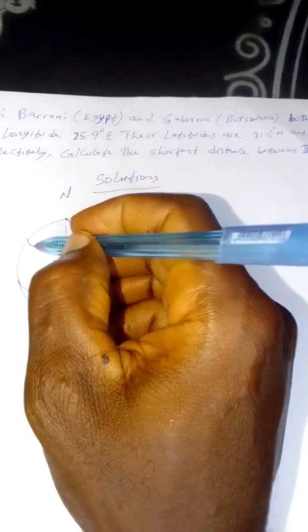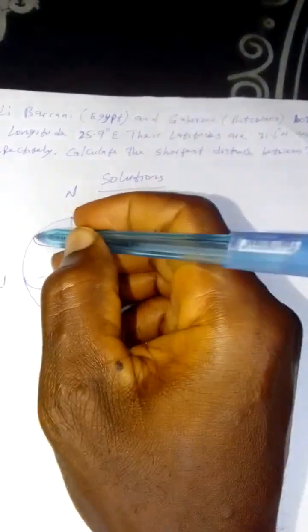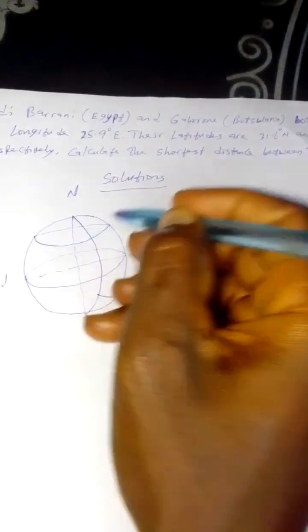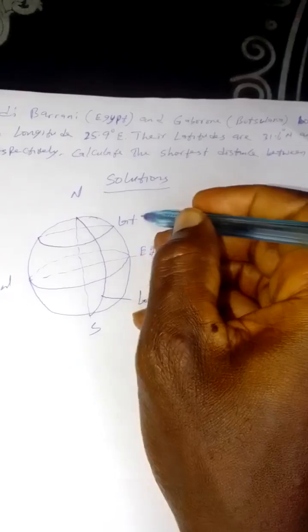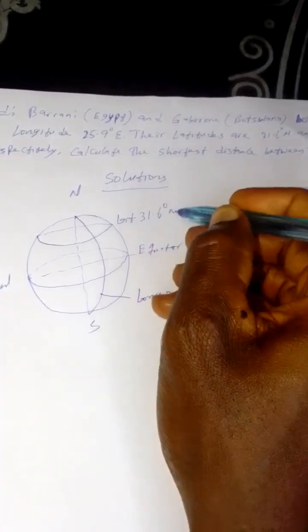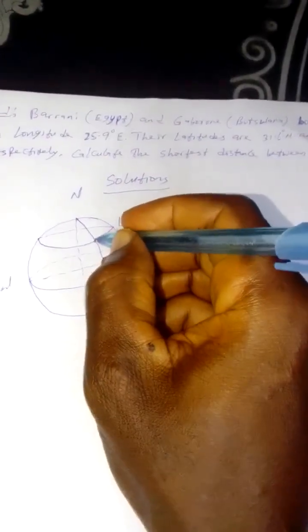If we have latitude above the equator, that is north, so latitude 31.6 degrees north is the meeting point.